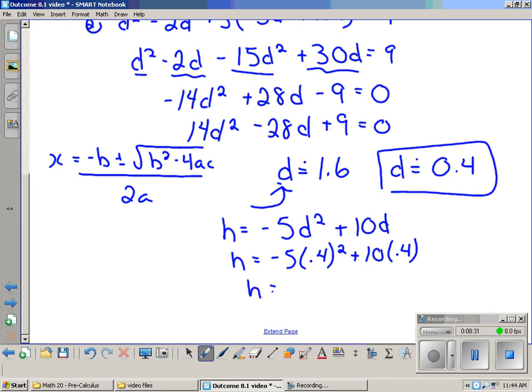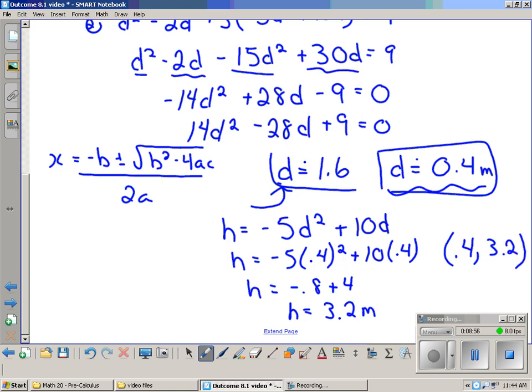And we have a height then being equal to negative 0.8 plus 4, or a height of 3.2 meters. So this means that our basketball player Ben was 0.4 meters from the basketball net and was at a height of 3.2 meters when he tipped the basketball in.